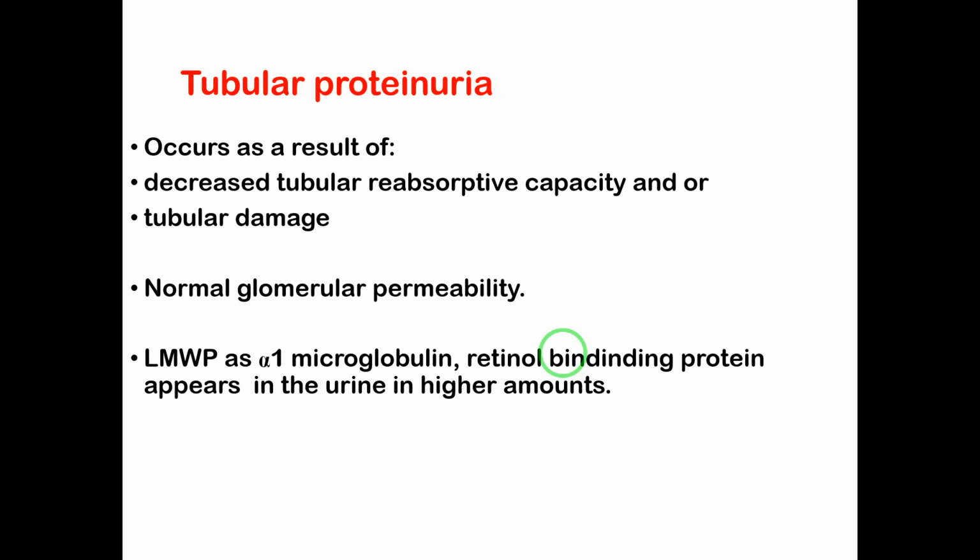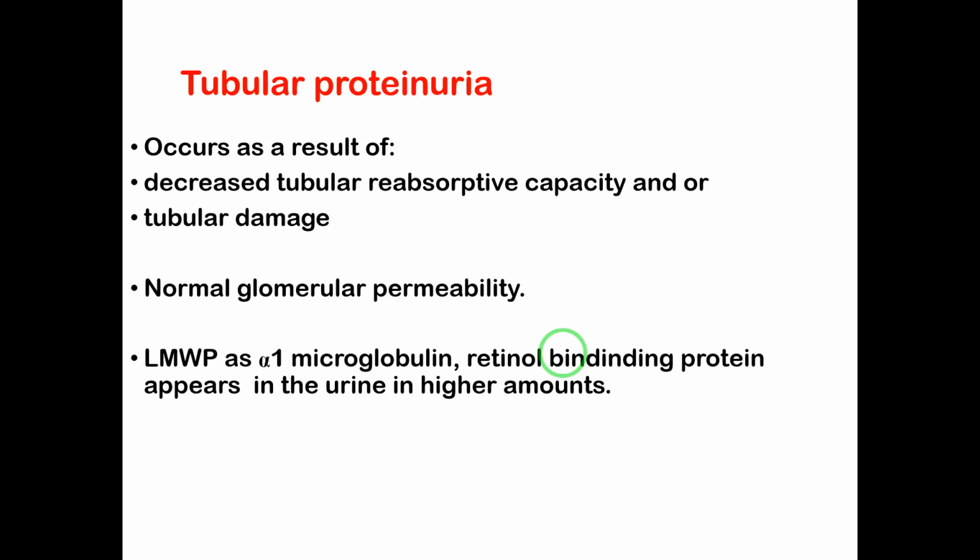And since the patient has normal glomerular permeability, it means that the high molecular weight protein cannot pass, just the low molecular weight protein can pass, but in this case, it cannot be reabsorbed. So there is no high molecular weight proteinuria, just low molecular weight proteinuria.